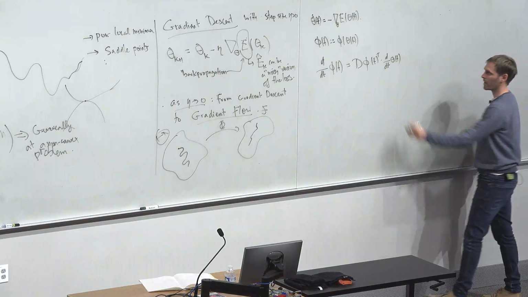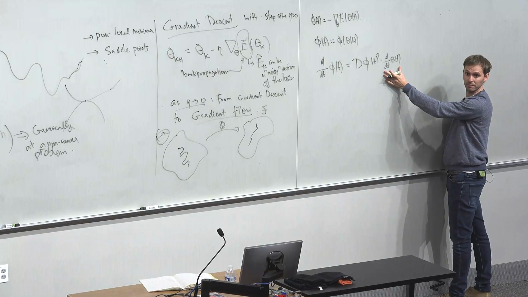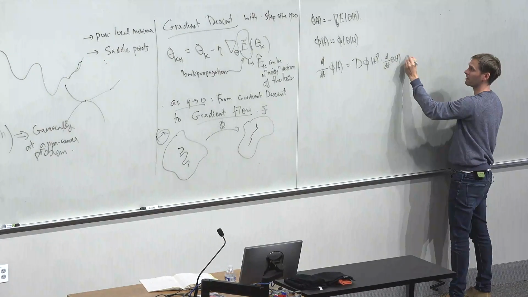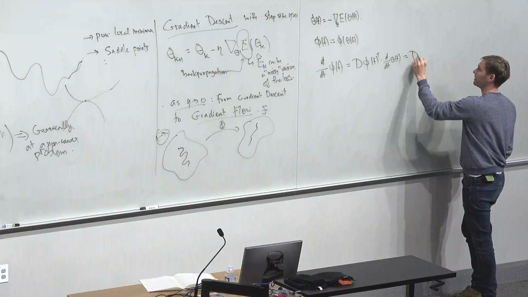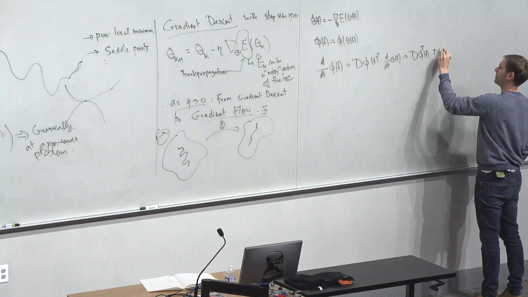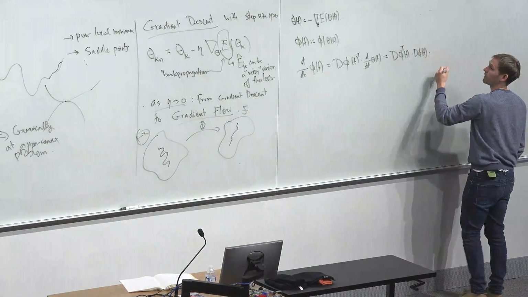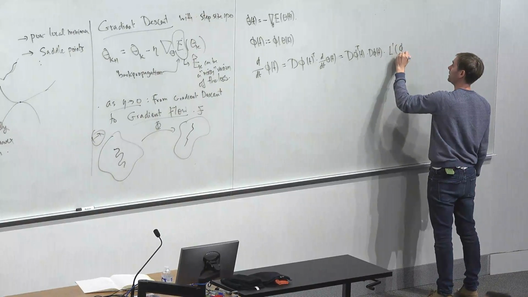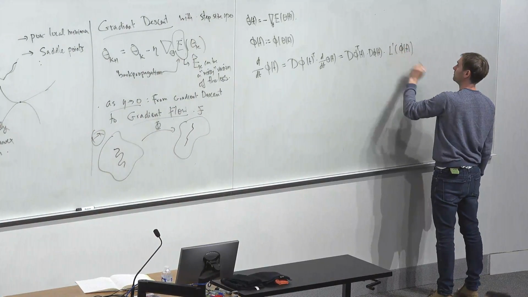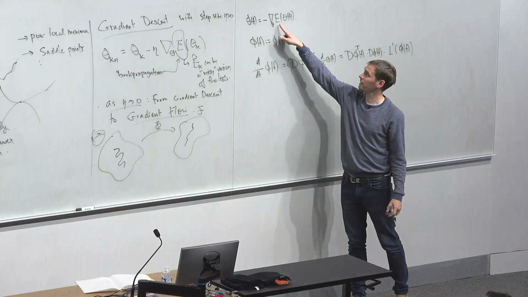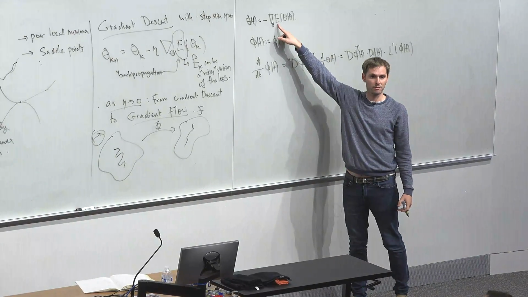And what is this time derivative? It's given by the gradient flow. So at the end, what do you get? You get the loss prime at phi of t. The only thing I did is apply the chain rule again on the computation of this function.